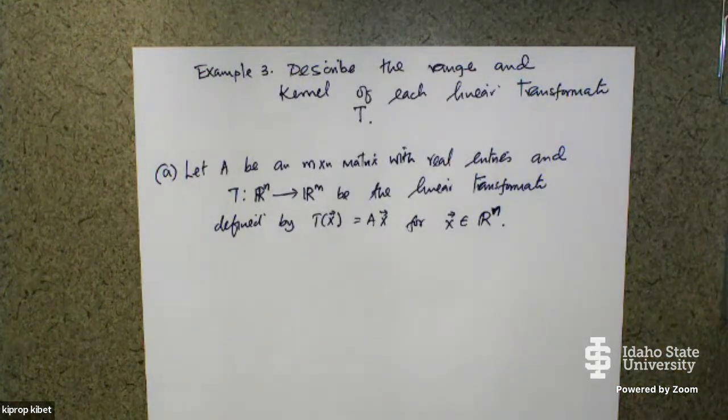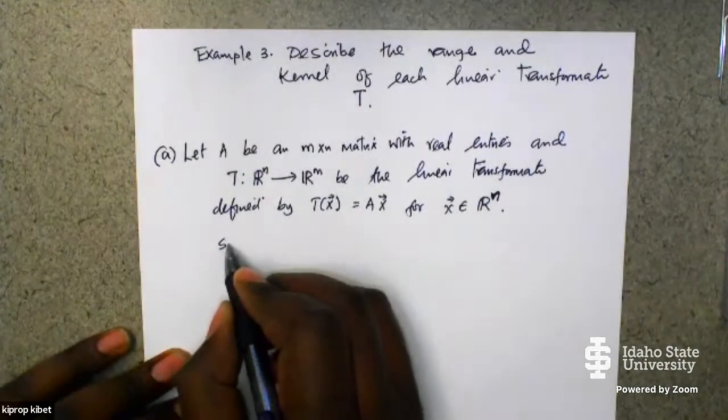So if you have this transformation through the matrix, Rn to Rm, let's describe the range and the kernel of this. So what is the range and the kernel there? The range is the image of T, and the kernel is the solution.